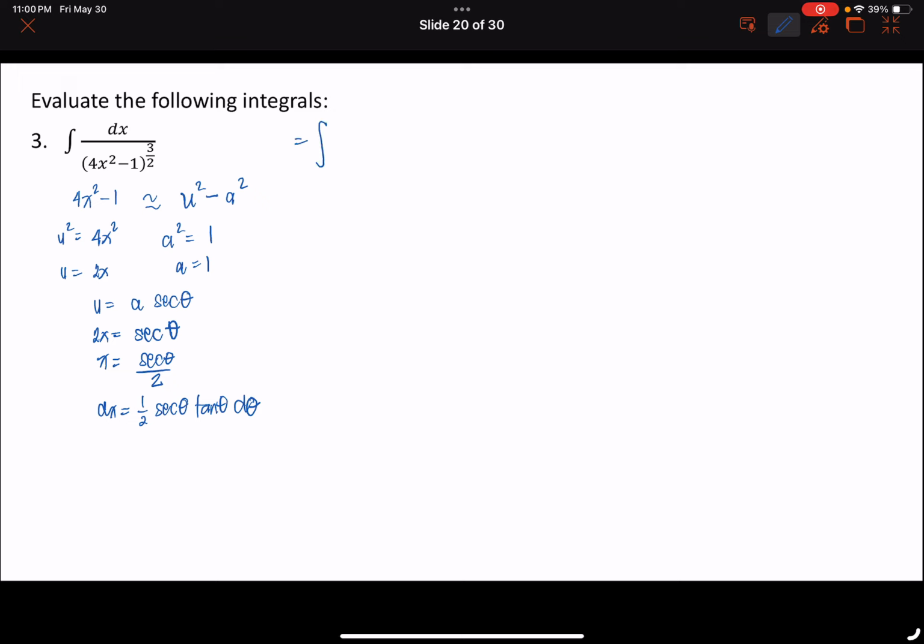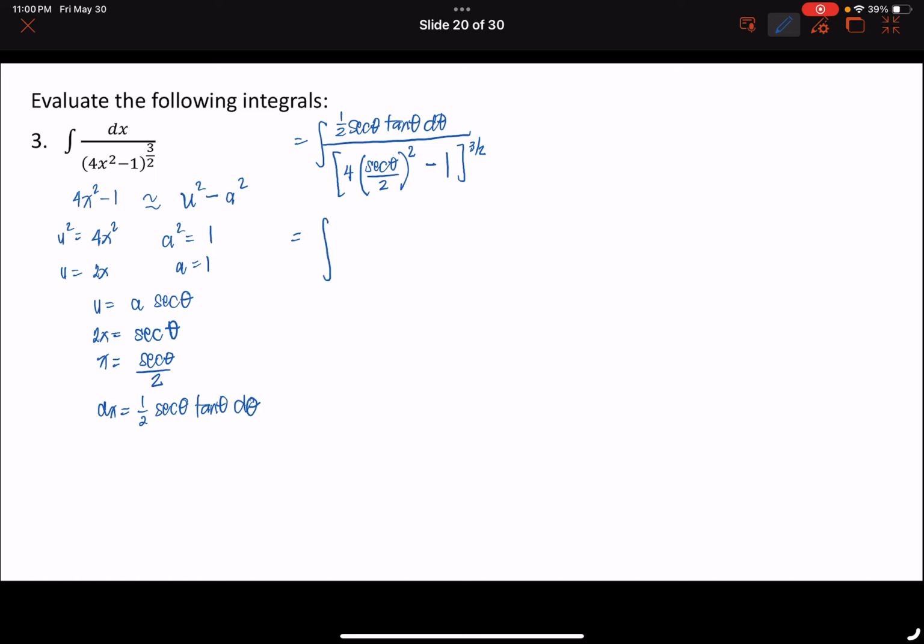So the integral of dx, 1/2 secant theta tangent theta d theta, and we divide this by 4 times x squared minus 1, where x is secant theta over 2, raised to 3 over 2.